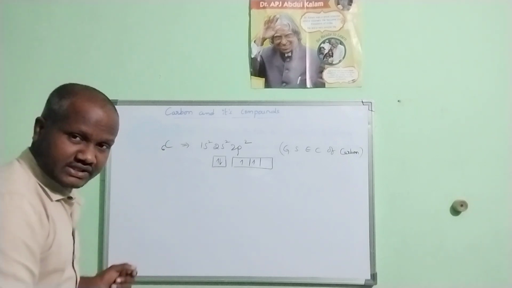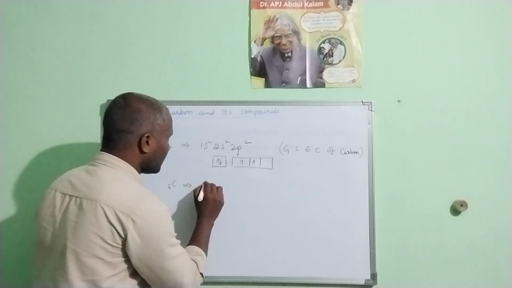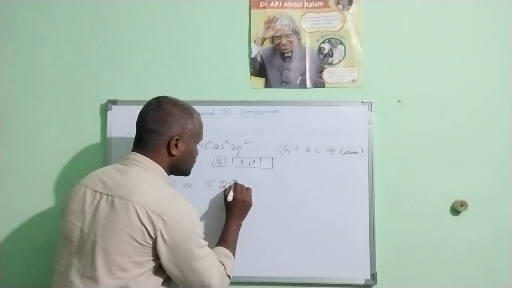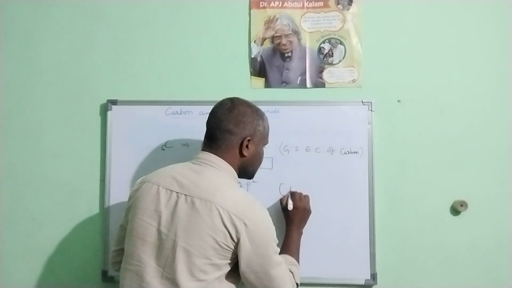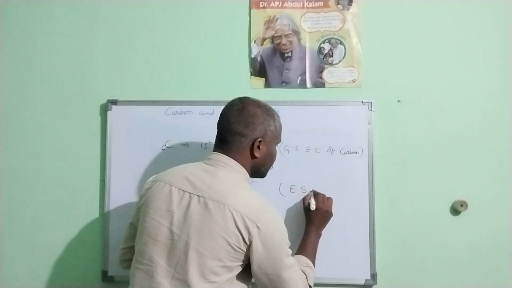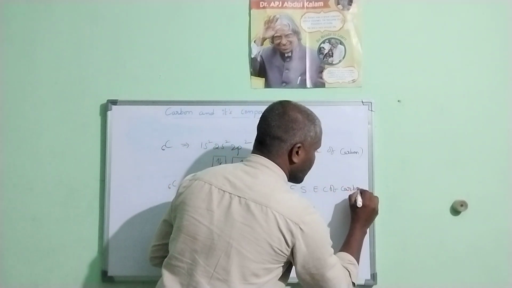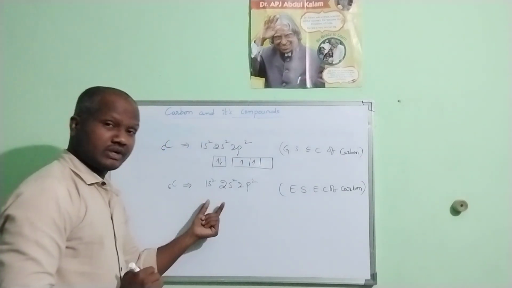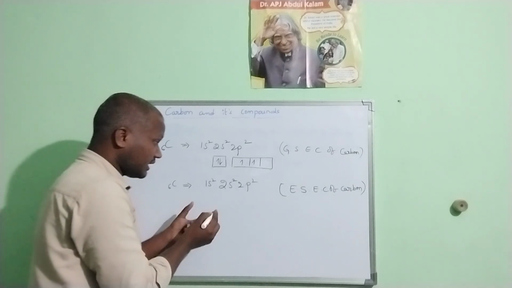What happens in the excited state electronic configuration? 1s2, 2s2, 2p2 is the starting point.